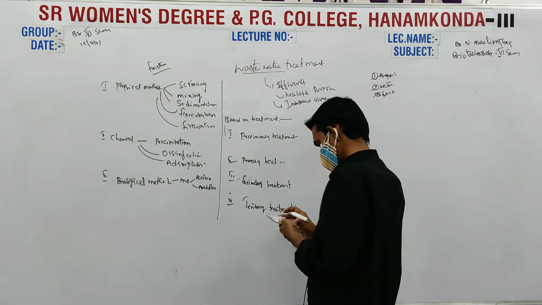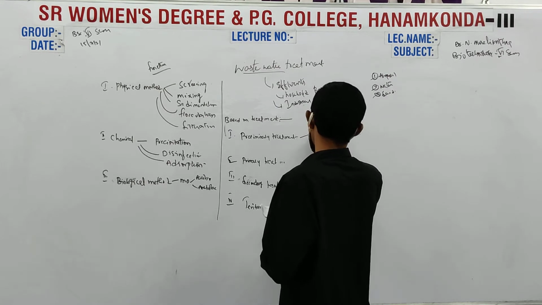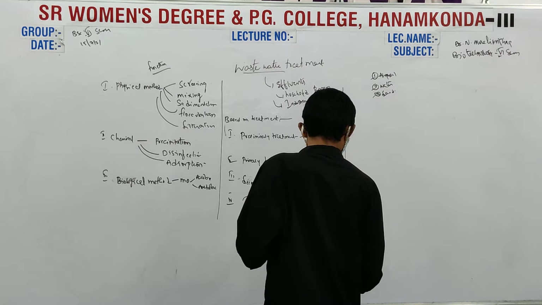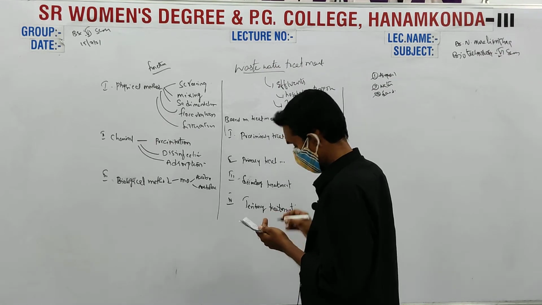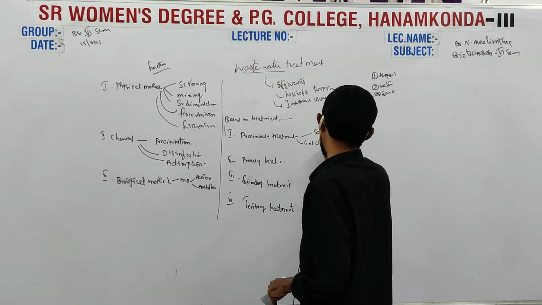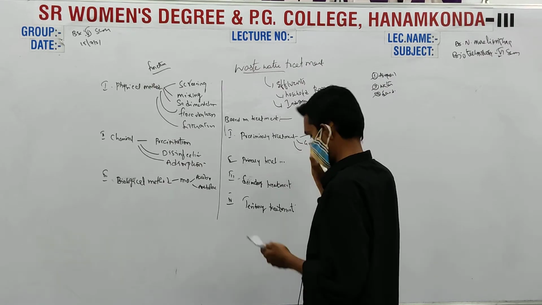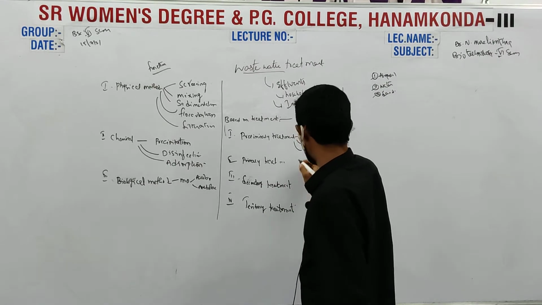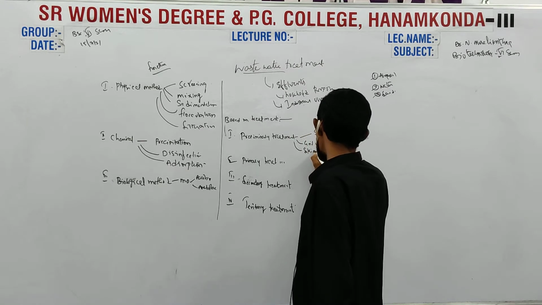Among these, the preliminary treatment includes screeners, grit chambers and skimming tanks.